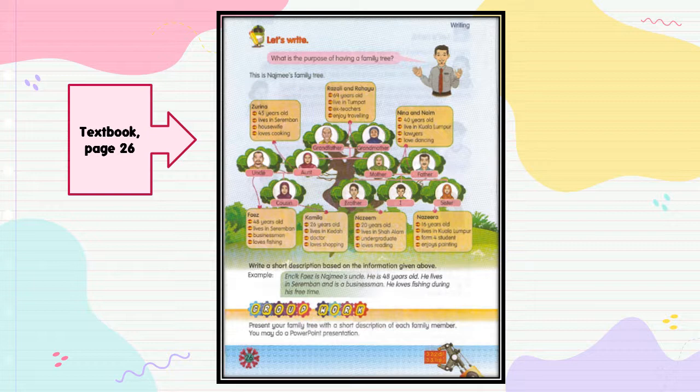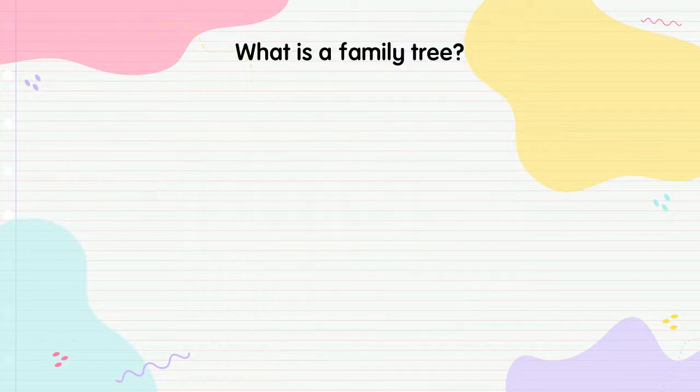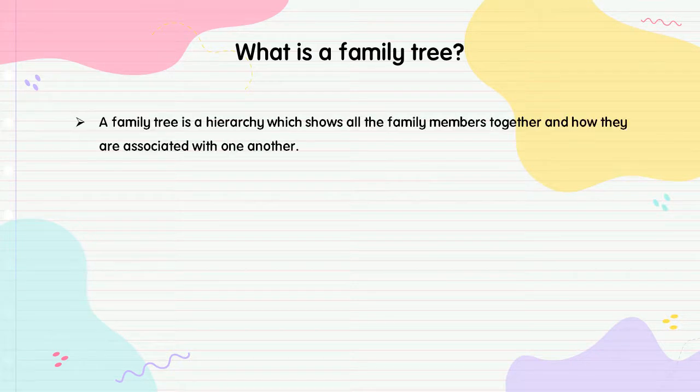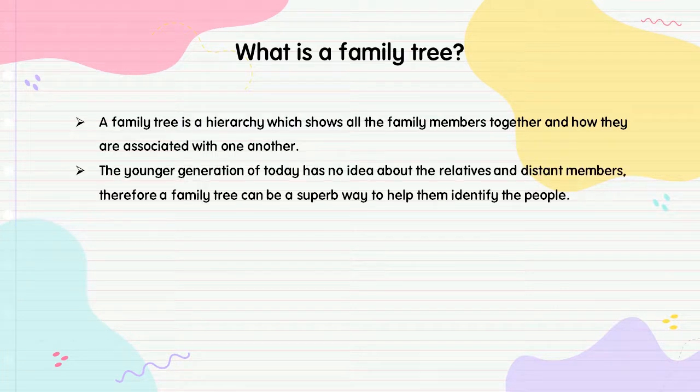As you can see, this is Najmee's family tree. Before we proceed, what is a family tree? A family tree is a hierarchy which shows all the family members together and how they are associated with one another.